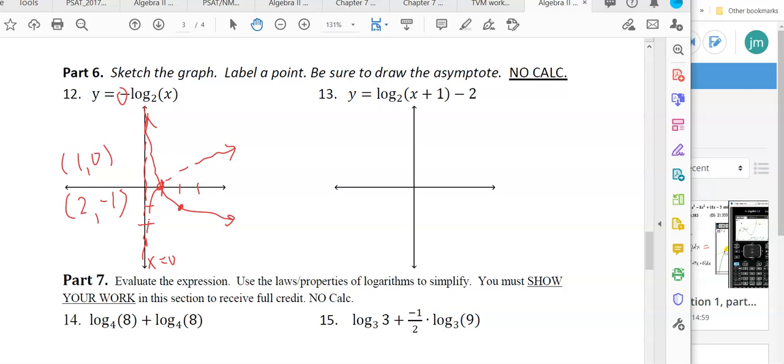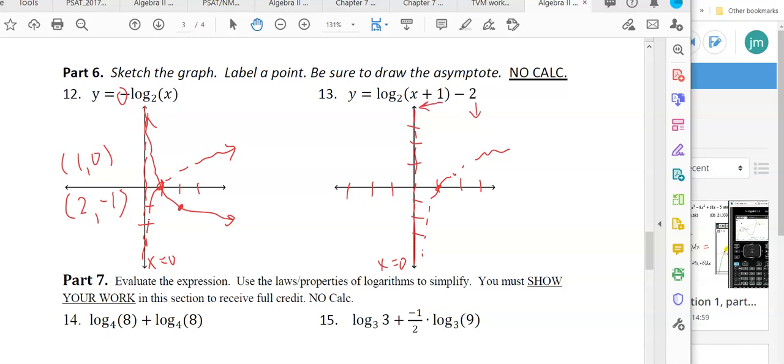Okay, this one, again, start with your parent graph. X equals 0 is where it starts. I don't think it's going to stay there. So it starts there, something like that, roughly. Okay, so we're going to move it to the left 1 and down 2.